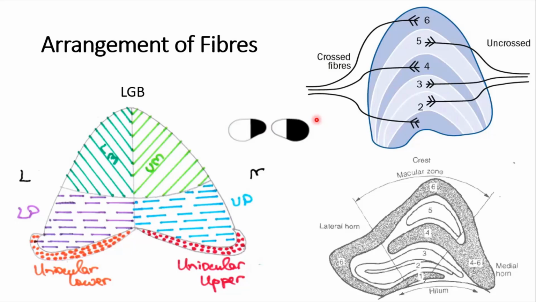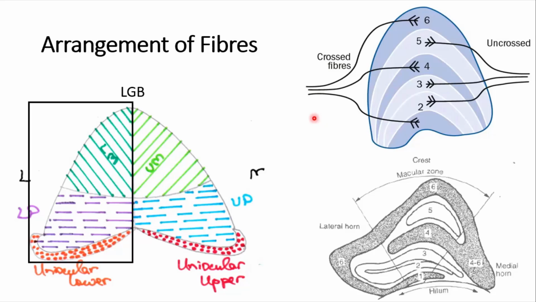Now, let us consider a hypothetical scenario when only the lowermost fibers from the retina are getting affected. What type of field effect will we get? If the entire lateral geniculate body goes, we'll get a contralateral homonymous hemianopia.